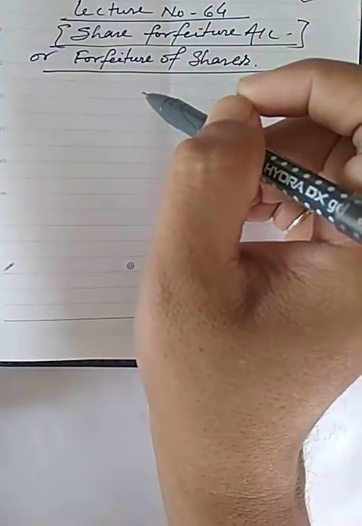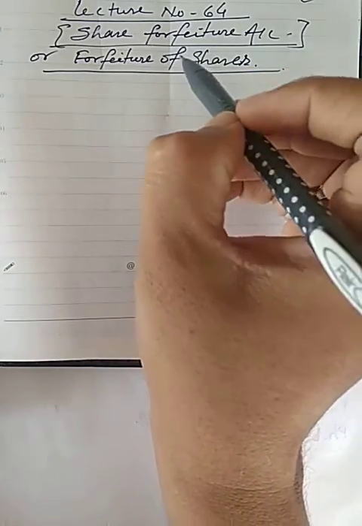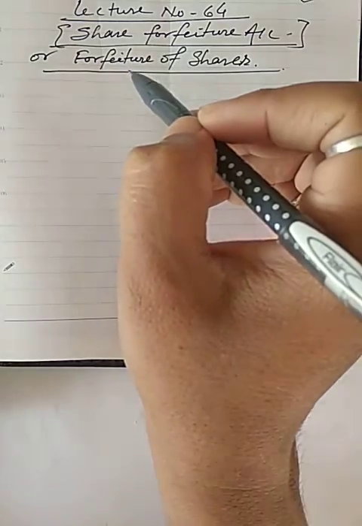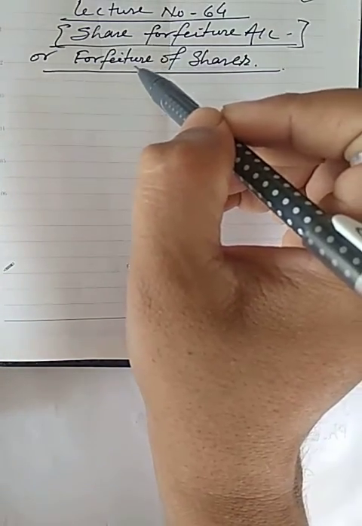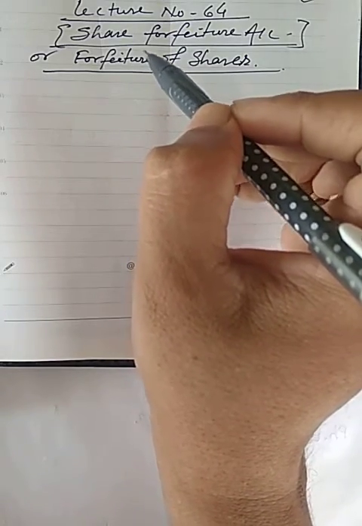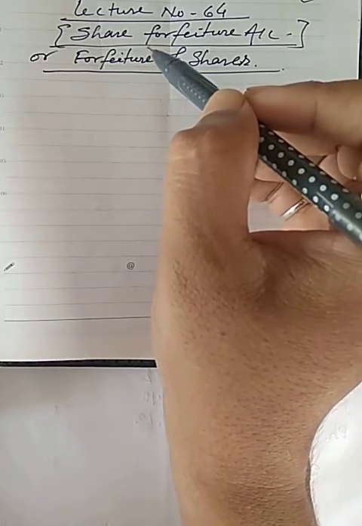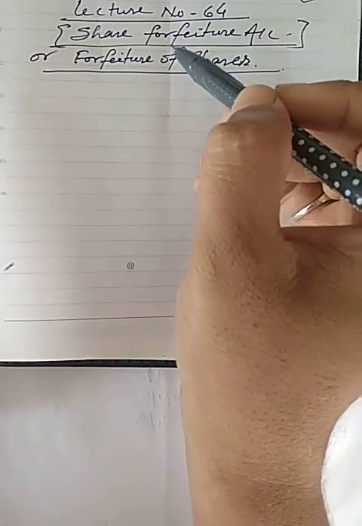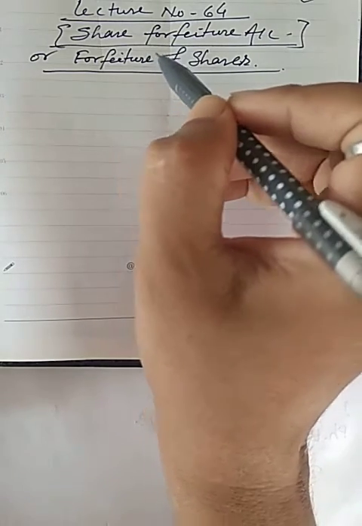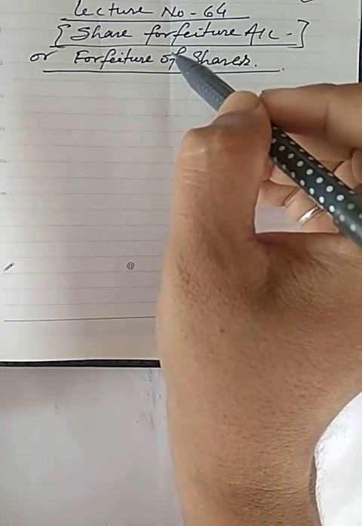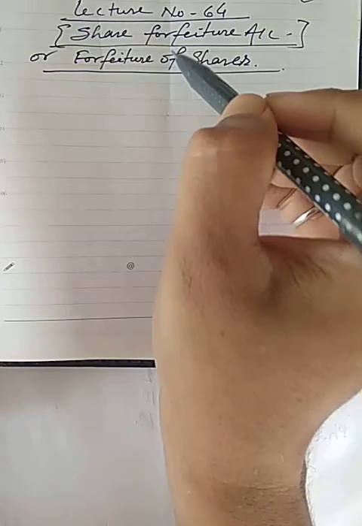Student, first we will know the meaning of forfeiture of share. If any shareholder fails to pay the amount due on allotment or any call within the specified period, the director may cancel his shares. This is called forfeiture of shares.